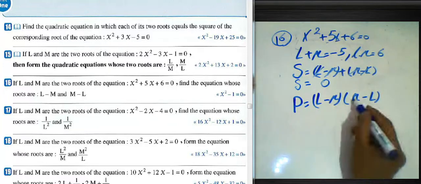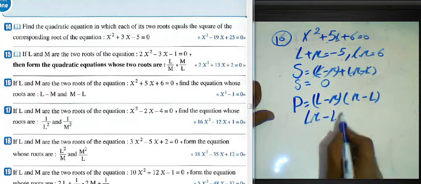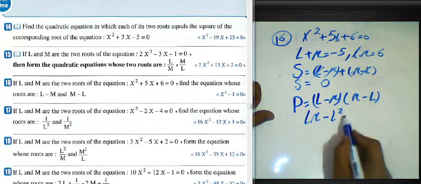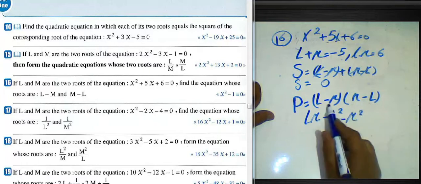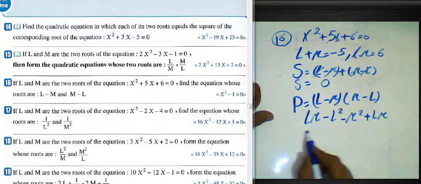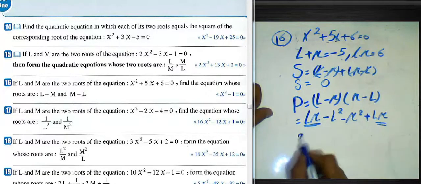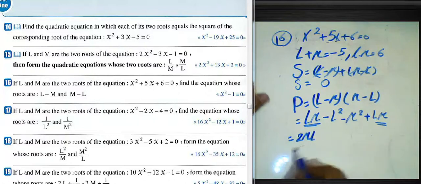L multiply M, LM, and L multiply negative L, negative L power 2, negative M multiply M, negative M power 2, negative M multiply negative L, positive ML. ML and ML, 2ML, or 2LM, never mind.